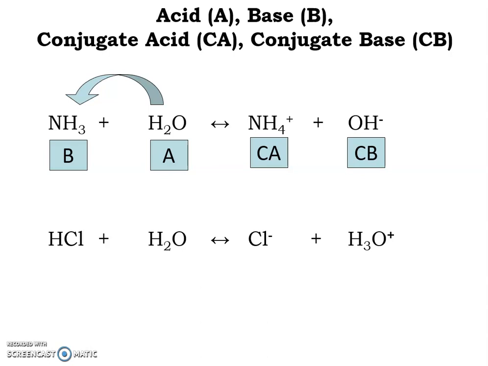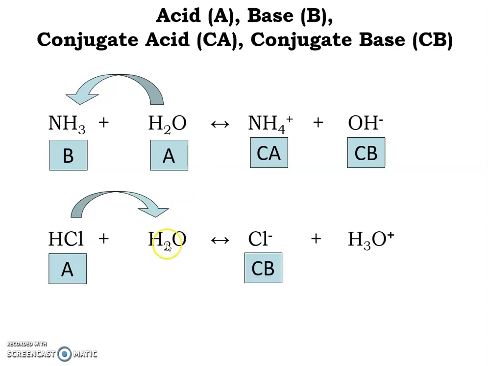Now here's an example where water is behaving as a base. In this case, HCl, as you know, is an acid, so it's going to donate an H to the water, and the water will turn into H3O plus. The HCl is hydrochloric acid, so what's left of it over here will be my conjugate base.